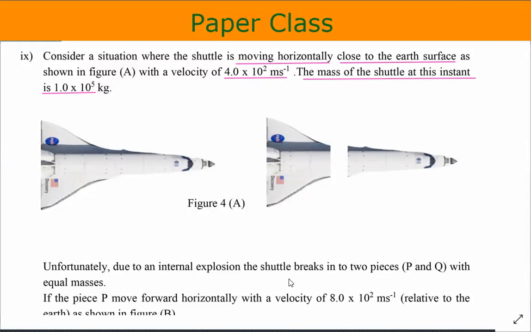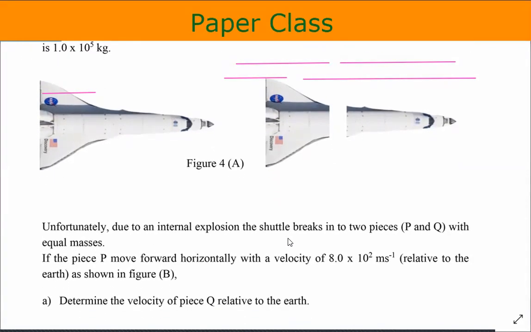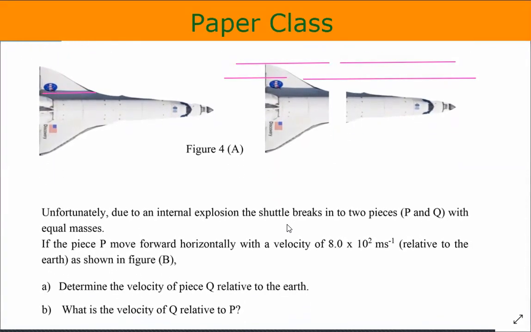If the piece P moves forward horizontally with the velocity of 8 into 10 to the power 2 relative to the Earth, as shown in figure B, determine the velocity of Q relative to the Earth. In my figure, they have not marked the pieces P and Q, but in the examination figure, this is an edited figure given by one of our typists.